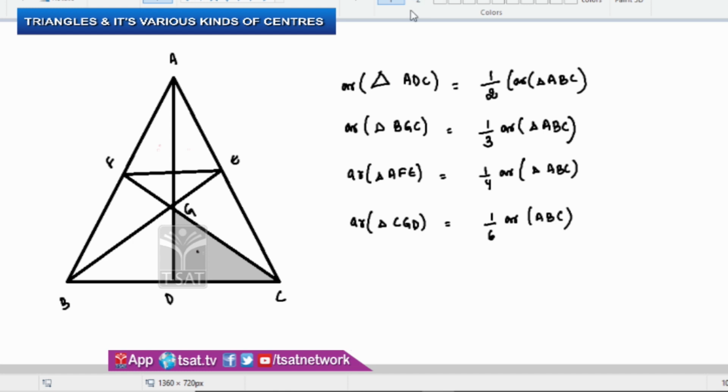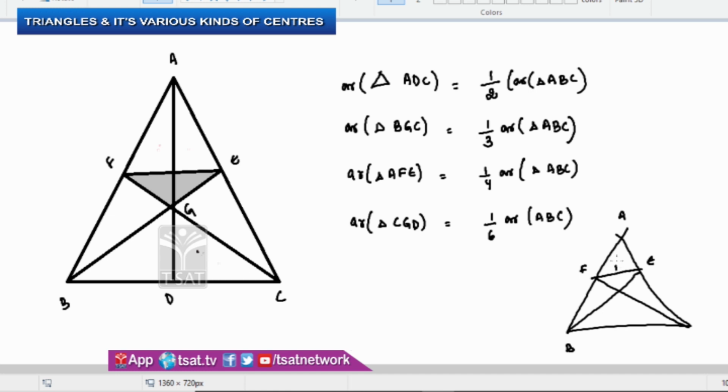Now, again, you consider ABC. Here I am drawing EF separately. We know EF and BC are in the ratio 1:2, so their areas will be in the ratio 1:4. This triangle is 1/3. If 4 parts is 1/3 of a triangle, then one part becomes 1/12 of the triangle.